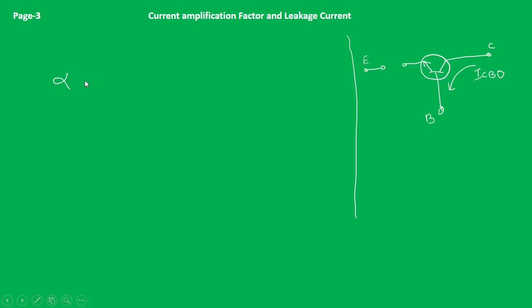The current amplification factor in common base configuration is denoted by alpha, and alpha is defined as the change in the collector current for a change in the emitter current, keeping VCB constant.